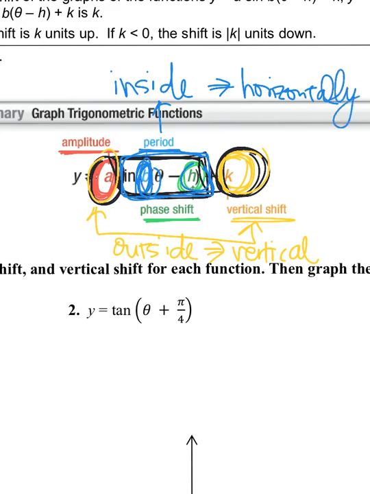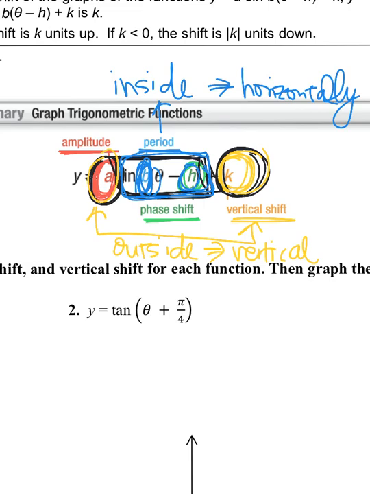So for example, b affects the period, so it can stretch or compress the graph horizontally, and the phase shift is also horizontal. And this is something you can use even outside of trig functions. This applies to any sort of function when you're graphing. If something's happening inside the function, it affects it horizontally. If it's happening outside the function, it affects it vertically.